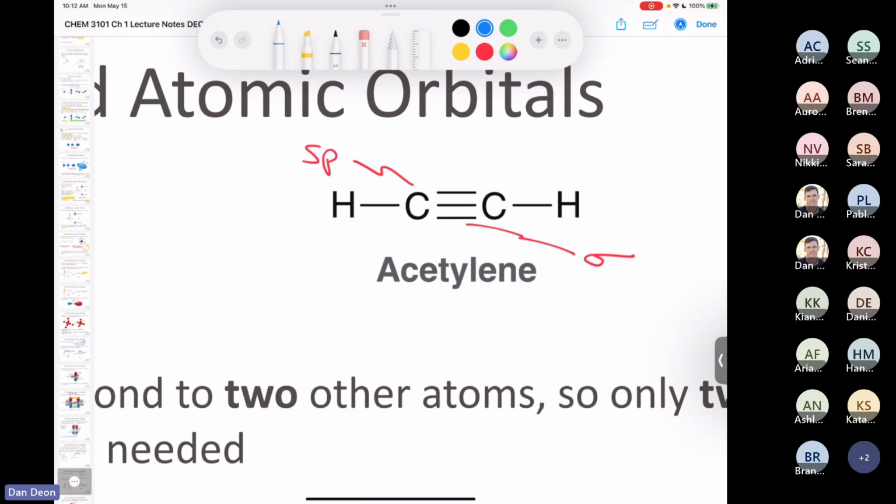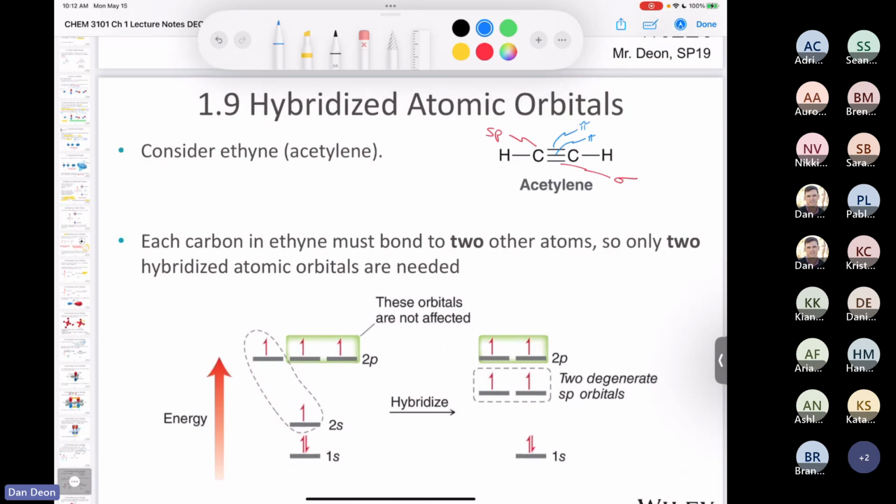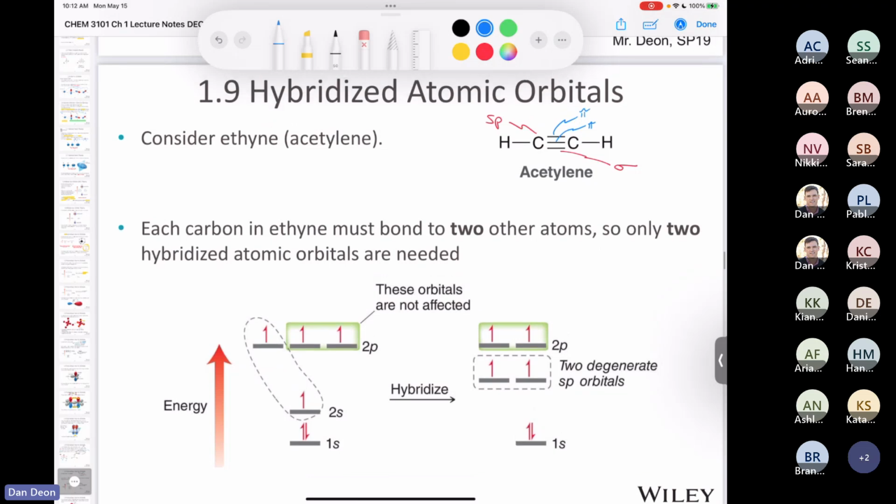Yeah, absolutely. This is a pi bond, and this is a pi bond. So 2 pi bonds in acetylene. Now, if you're wondering, how do you make an sp hybridized orbital? Well, you only need 1 s orbital and 1 p orbital. So you mix 1 of each, and you make 2 degenerate sp orbitals, as we see here.